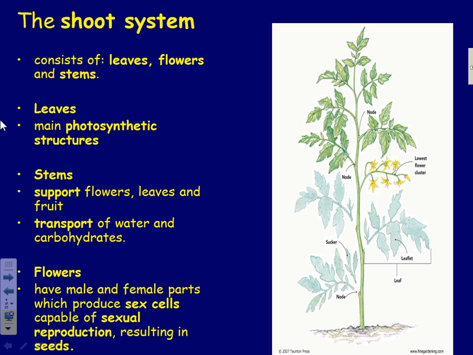My view would be a branch is still a stem, because it's going to contain, and we're going to talk about this in a moment, what's called vascular tissue. In other words, it's going to contain the tubes that allow the water to flow one way and the food to flow the other way, all right? So I'd say a branch is still a stem, okay? And then the leaf comes off of those stems, all right?